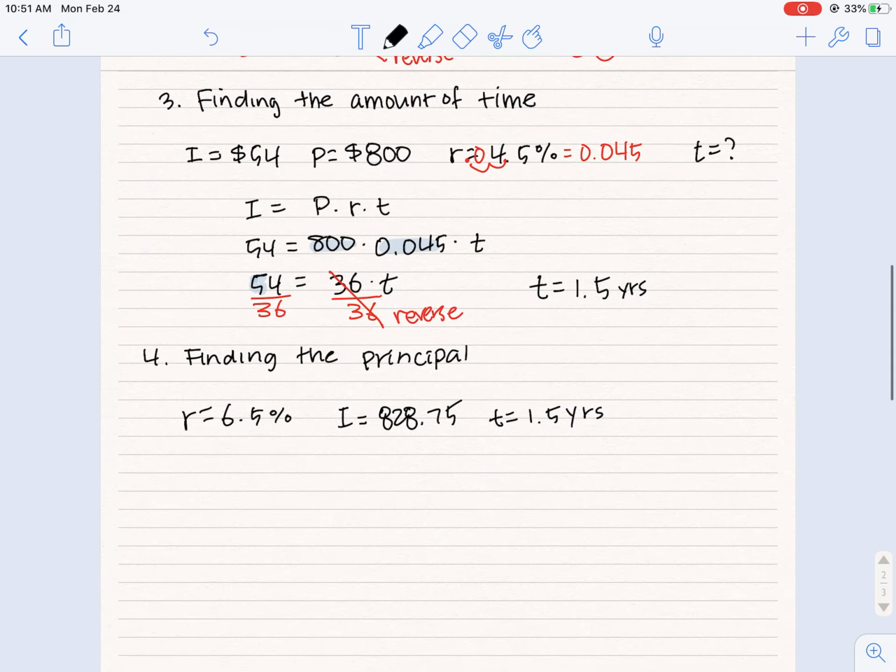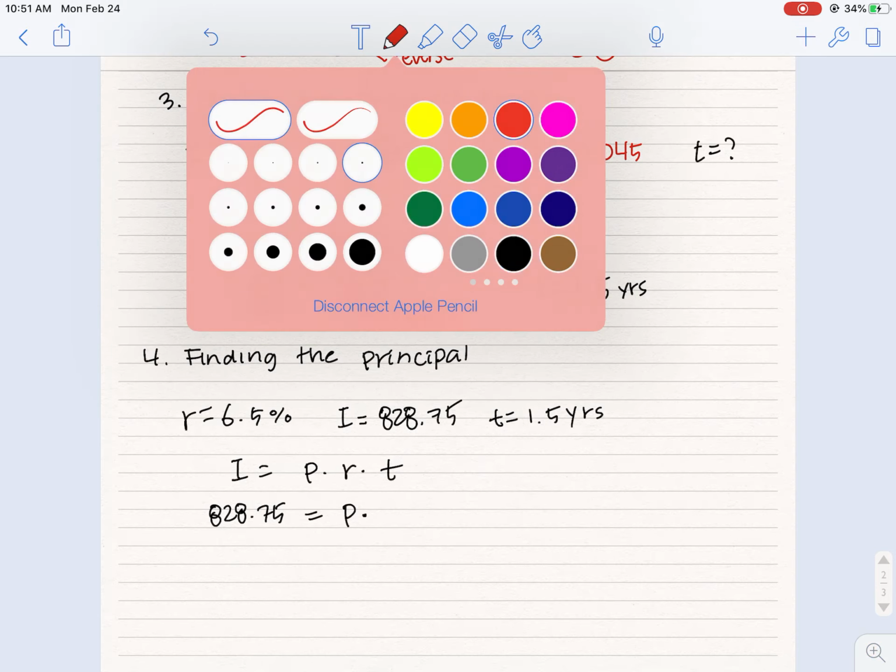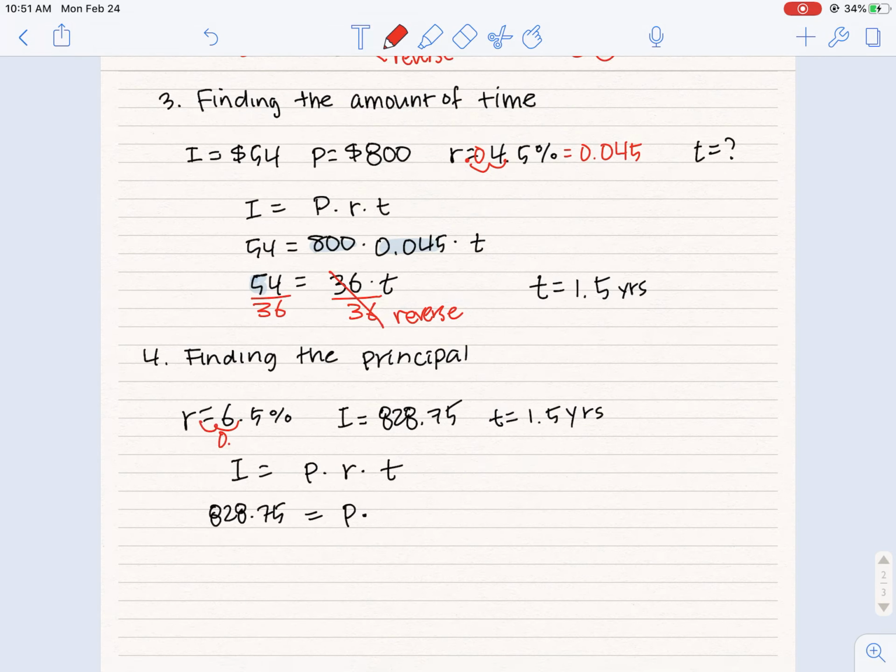So what I do, same thing, I equals PRT. 828.75 equals, I don't know the principal, but rate 0.065 times 1.5.